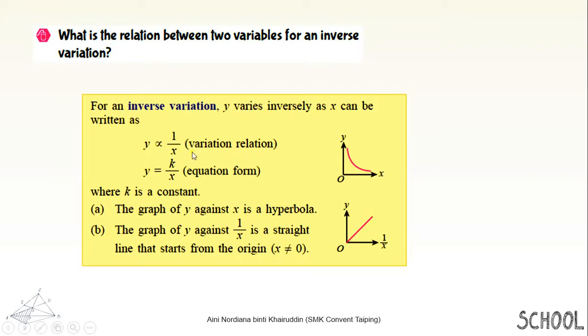So this is the variation relation: y varies as 1 over x, or y varies inversely as x. This is the equation form: y equals k over x, where k is a constant.